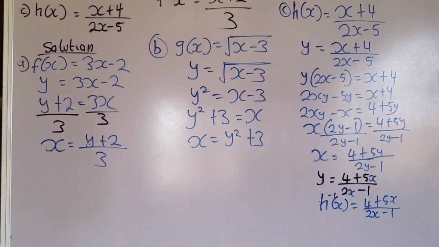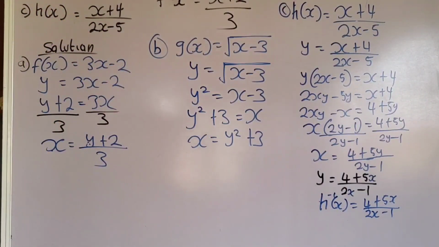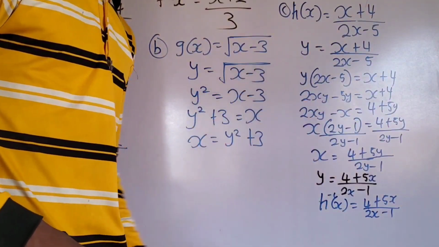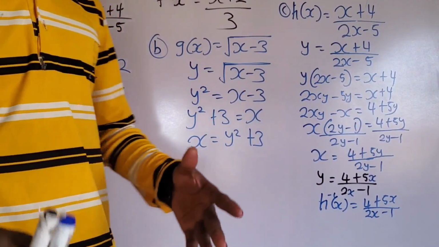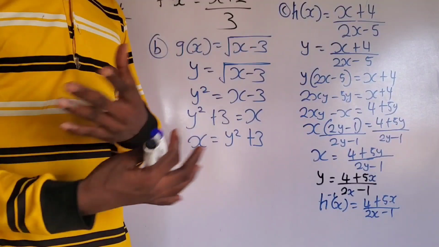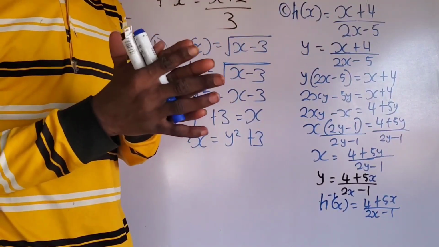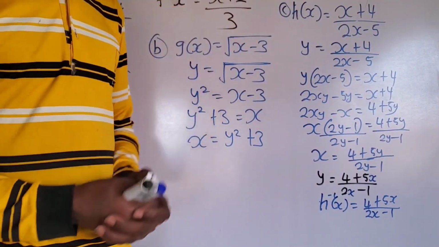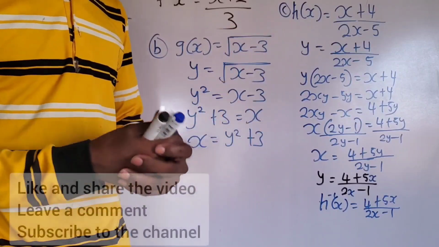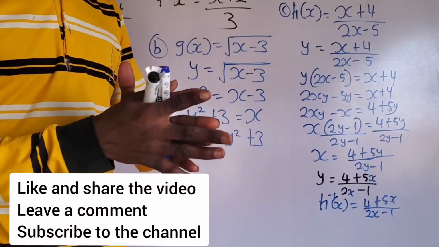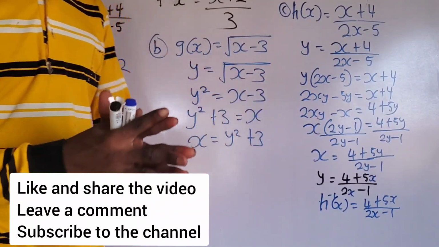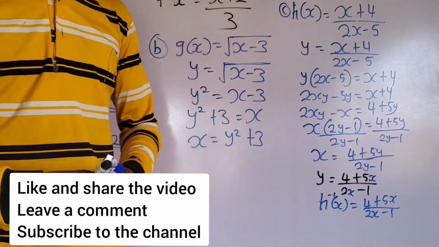Whenever you are asked to find the inverse of a function, the first step is to set the function equal to a letter, maybe y. Then make the variable that is the input the subject of the formula, and interchange that variable. The answer that you got will be the inverse of the initial function. Do you understand?